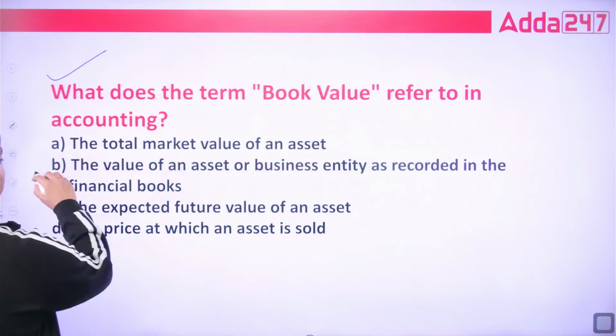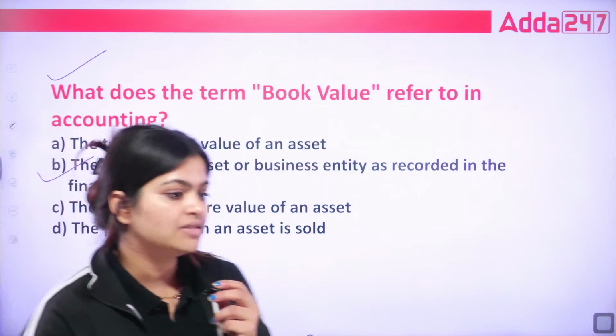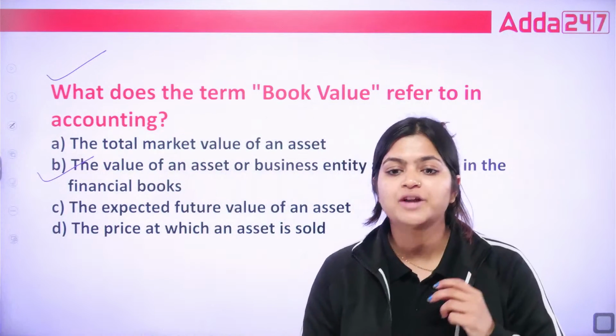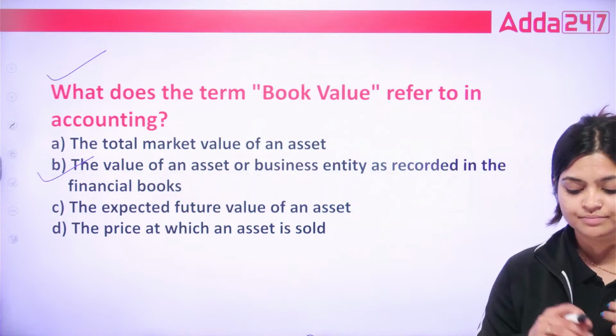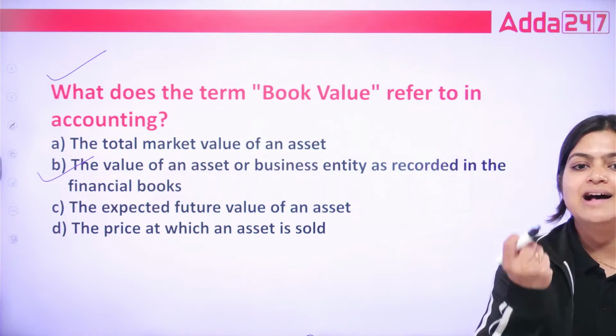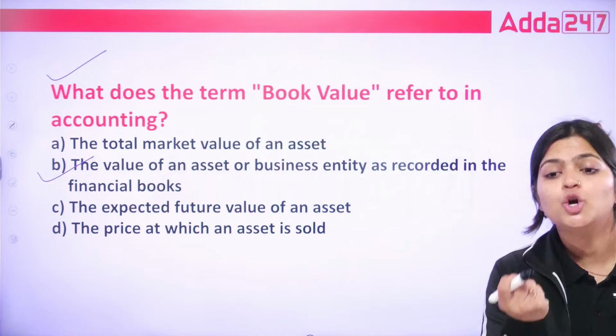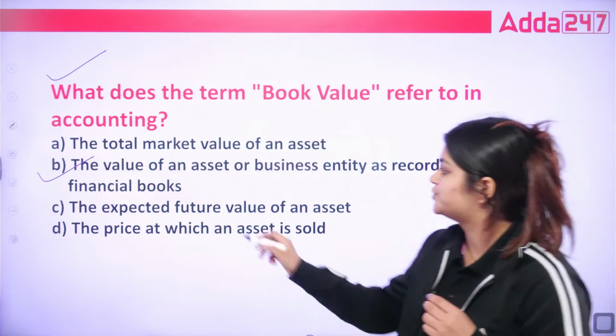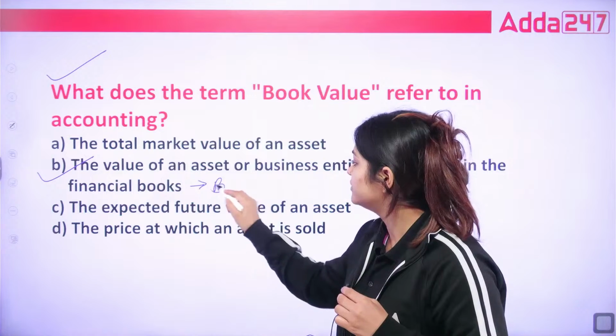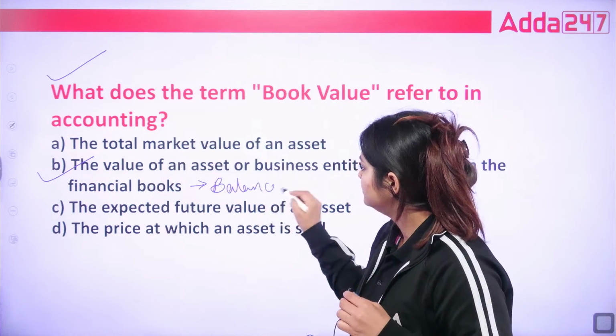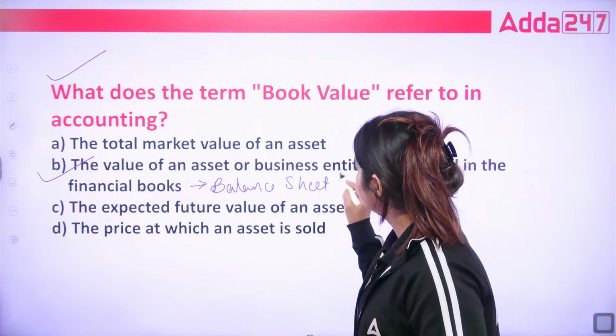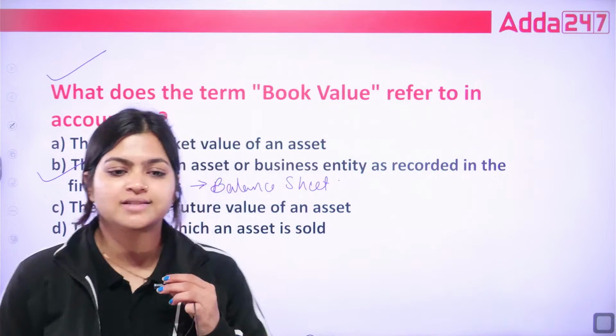The correct answer is B. When you are valuing companies through their assets, through their records, like from their balance sheet especially, financial books means you are valuing through the balance sheet. So the correct answer is B.